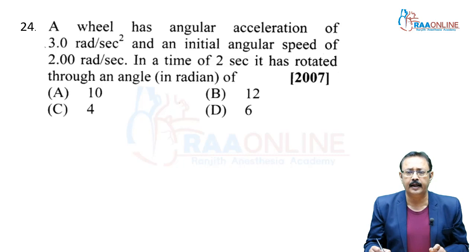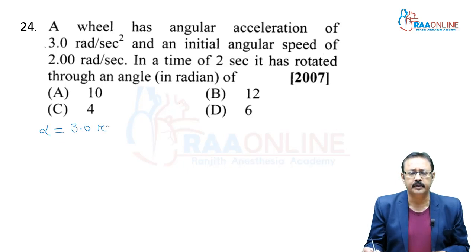What they gave, first we will write that. A wheel has an angular acceleration, means alpha is given, 3.0 radian per second square. No need to convert units, already SI unit is there.